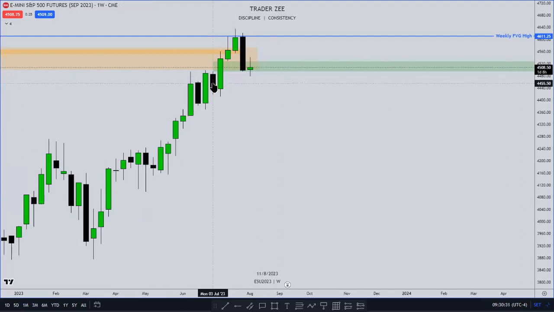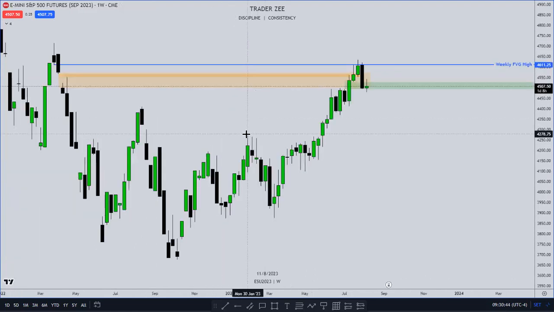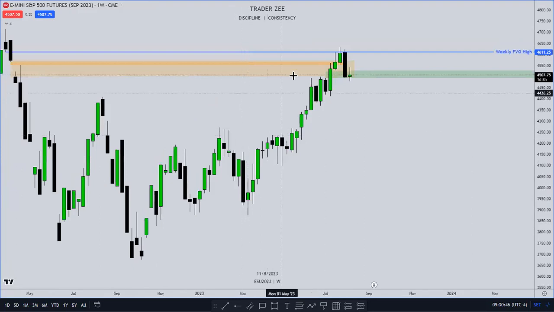If I mark the mean threshold of this order block and on, say, the 15-minute it violates, that's not enough for me. On the weekly chart, on the closing of a weekly candle, we have to violate the mean threshold at least for me to feel slightly bearish.